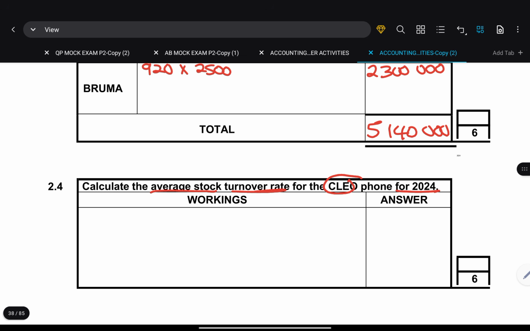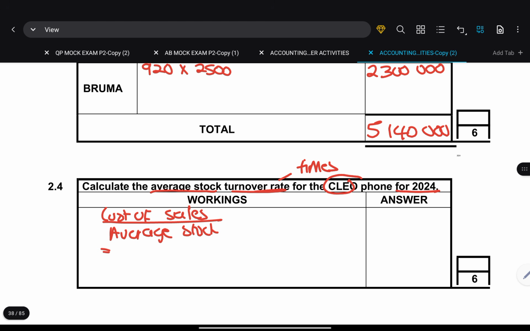So for us to calculate stock turnover rate, our answer should end with the word times. The formula for stock turnover rate says that cost of sales divided by average stock. So we're going to have cost of sales over average stock.